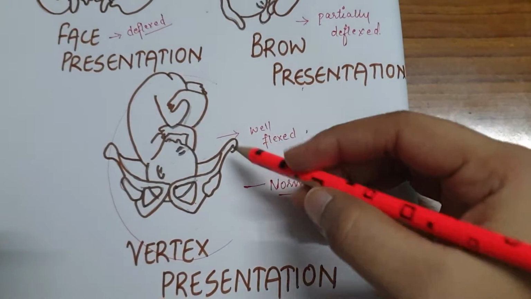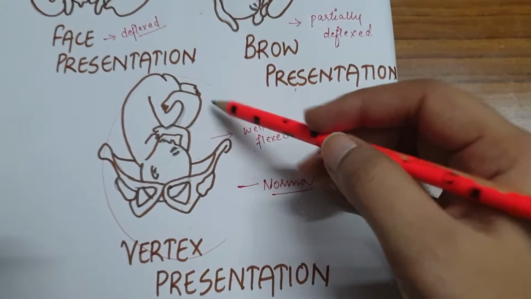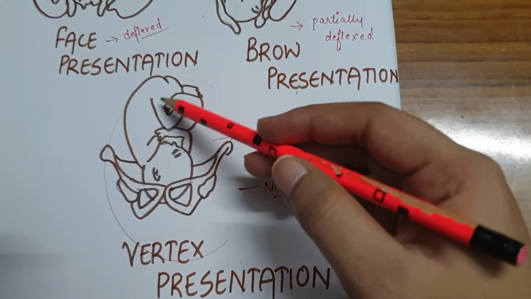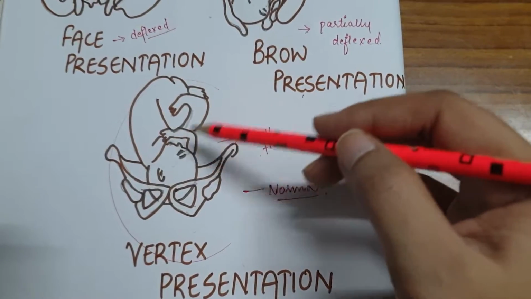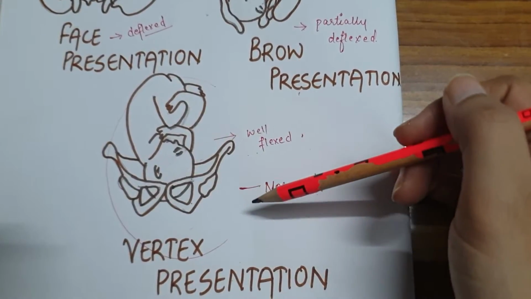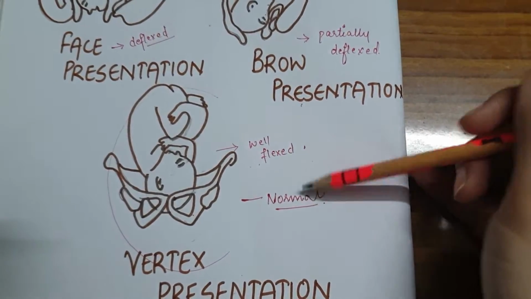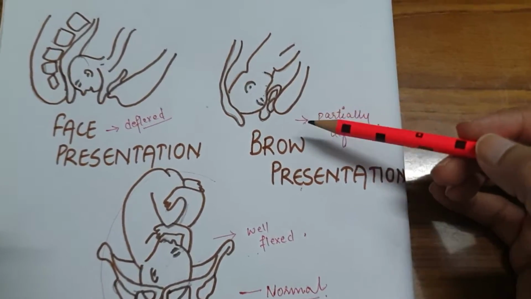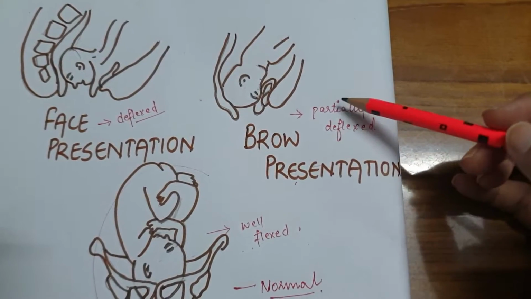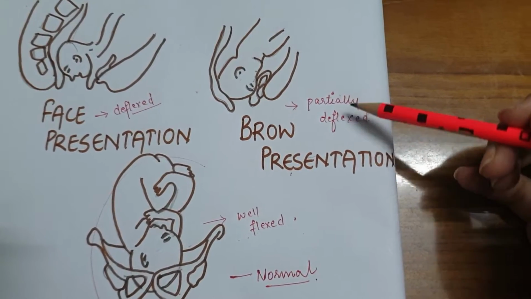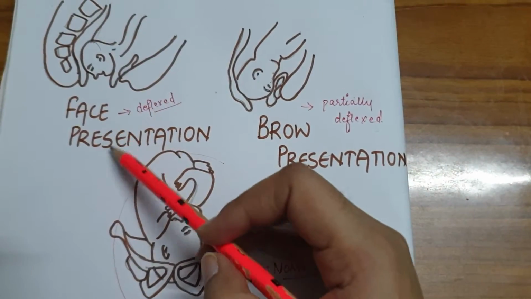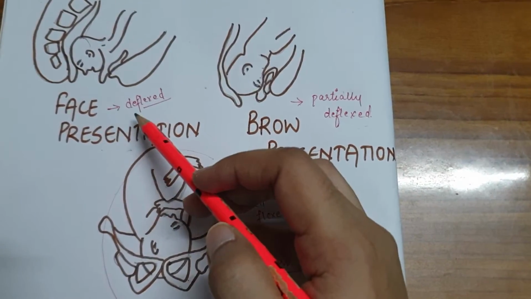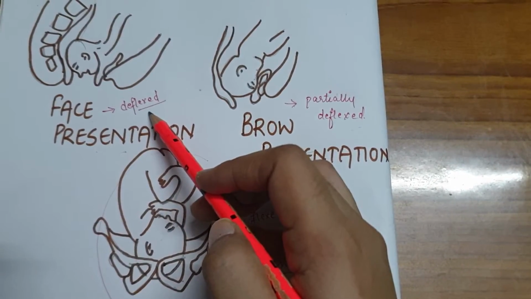Like here in the diagram, in the vertex presentation the attitude is well flexed, meaning the fetus is occupying less space inside the uterine cavity. So it is the normal attitude. While in case of brow presentation the attitude is partially deflexed, and in case of face presentation the attitude is deflexed, meaning it is completely deflexed.